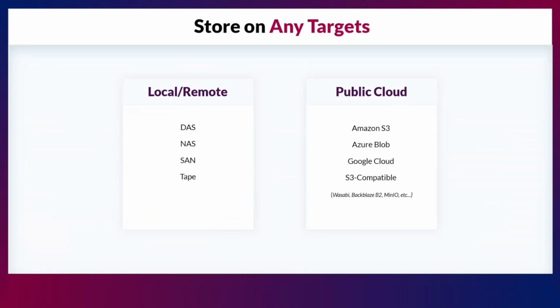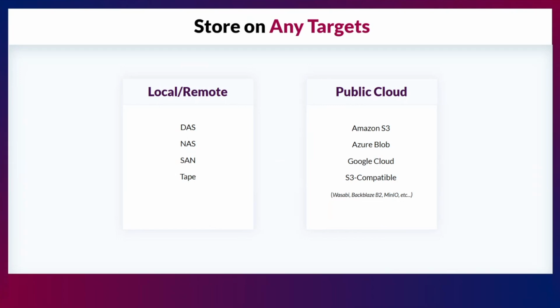Now, let's discuss the storage targets that we support for BDRSuite. As I said, we support block storages. That could be your direct storage or any of your network drives such as NAS or SAN, and even tape archive from disk to tape is supported.